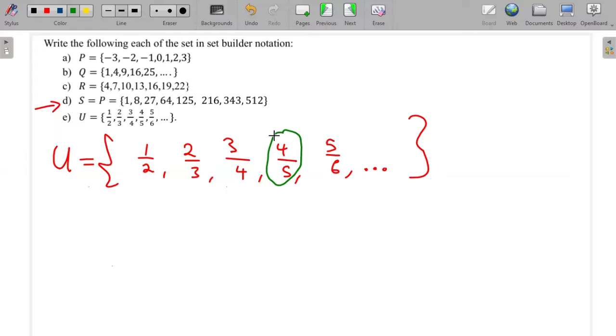I want someone to say it. Proper fractions. Okay, that's the same as rational numbers. The denominator is increasing by 1 each time. That's what I'm looking for.